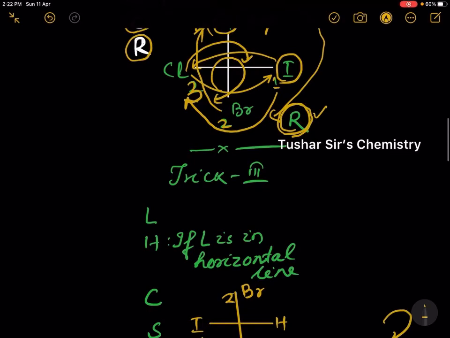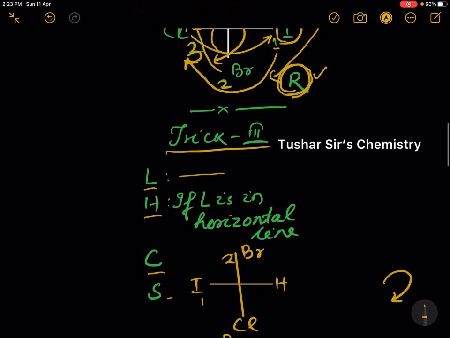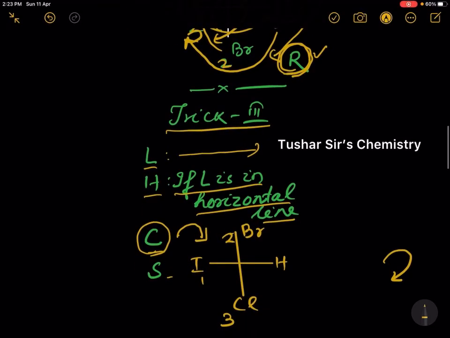Trick number 3: LHCS. L means atomic group having lowest priority. H means L is in horizontal line. C means the movement of priority groups is in clockwise direction. Then it has S configuration.